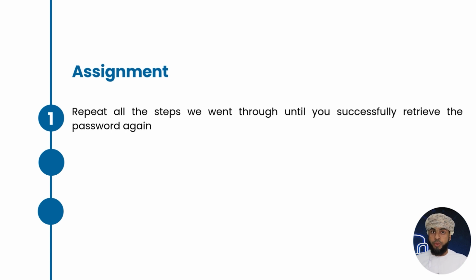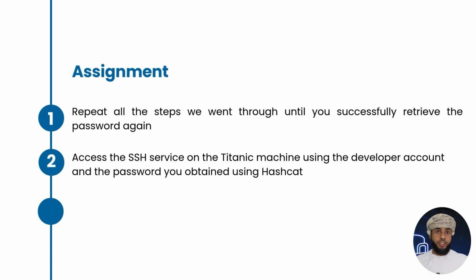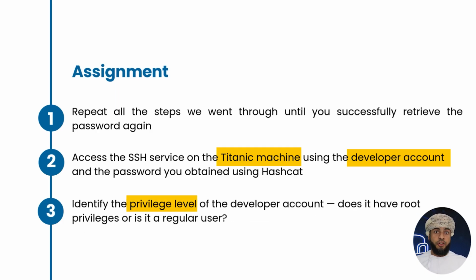Task number 2, access the SSH service on the Titanic machine using the developer account and the password you obtained using hashcat. Task number 3, identify the privilege level of the developer account. Does it have root privilege or is it a regular user?